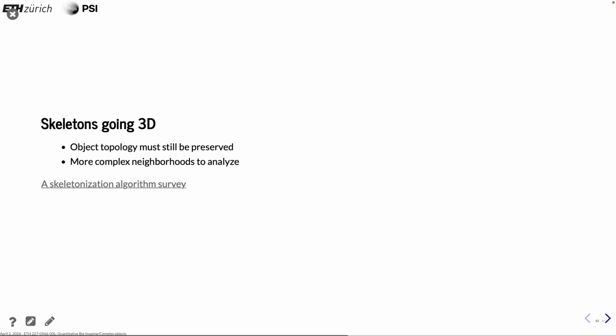And of course, now I just showed the skeletons in 2D. It's easiest to show, but they of course also work in 3D. And again, the requirement is that the object topology must be preserved. And when you have 3D, you have a cube around each voxel, so the neighborhood is more difficult to analyze, and that also has an impact on which algorithm or how you define the skeleton.